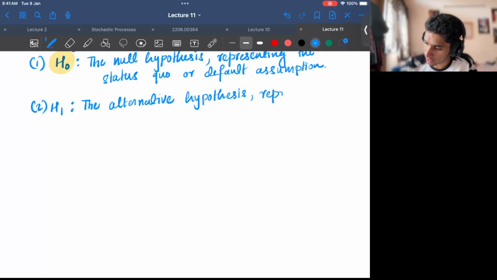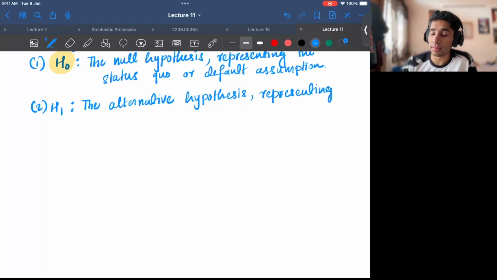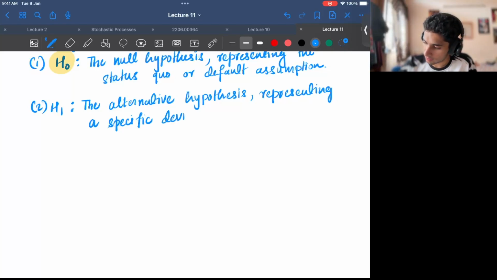This is representing a specific deviation from the null hypothesis.